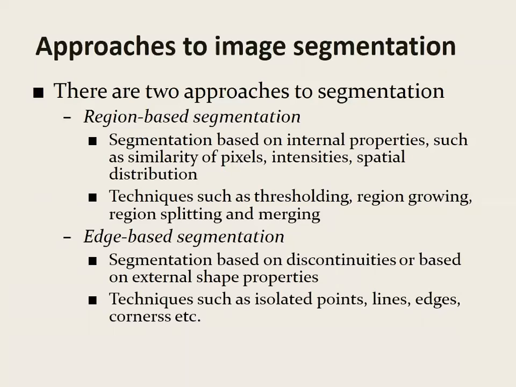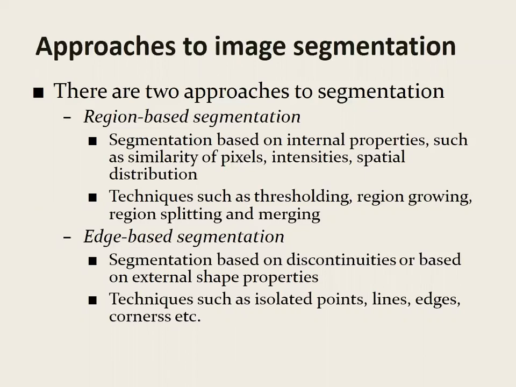When you are writing, each character is separated from each other. Each word is separated from each other. Each line is separated from each other. That discontinuity can be used for identifying characters, words, lines, and paragraphs from an image. The same thing applies to different picture elements available in a given image.